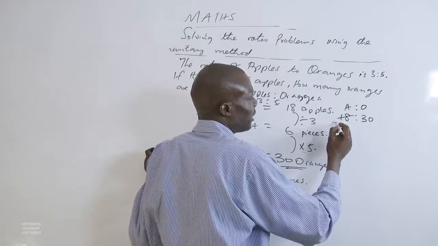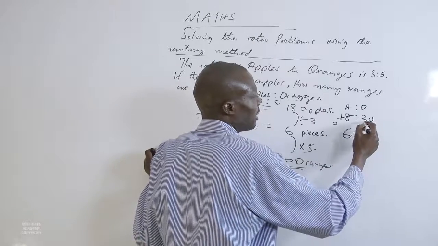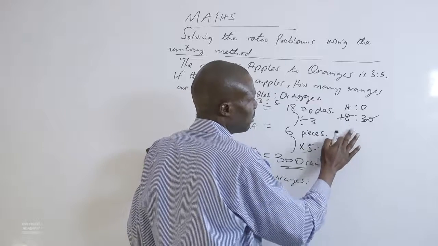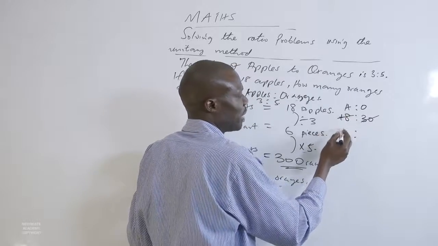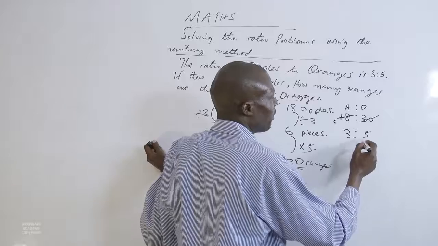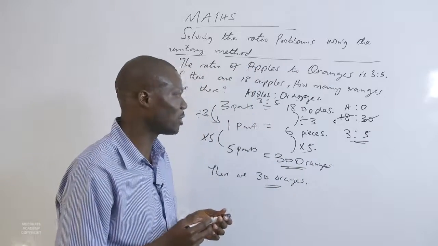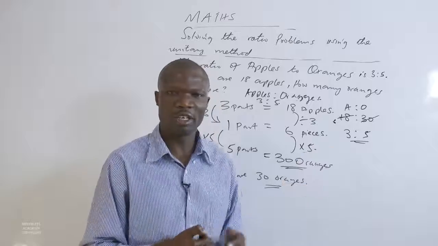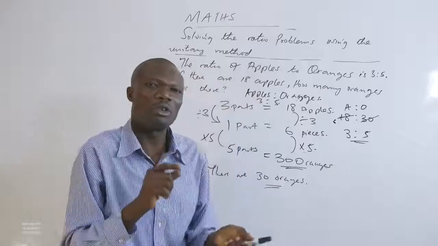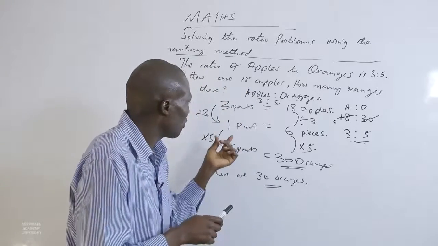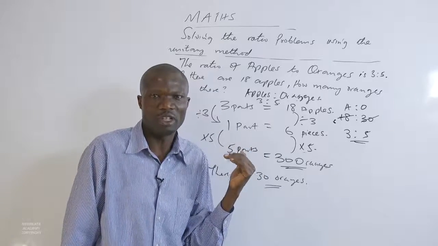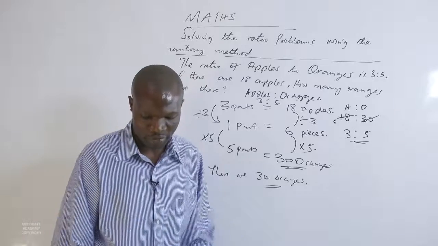So 18 by 6, you get 3. And 30 by 6 is 5. So when you simplify, you find that it gives us the true ratio that we are looking for of 3 to 5. So it is very important that here we are using the unitary method. We find one part, and that's why we went ahead and found that one part represents 6 pieces. That is where we move from. So 5 parts will be multiplied by 5.